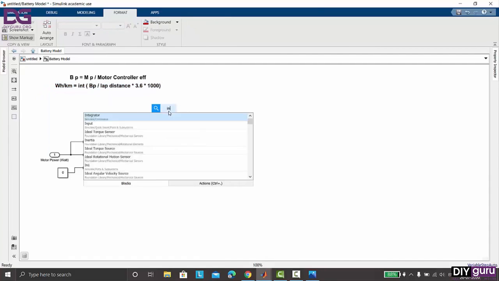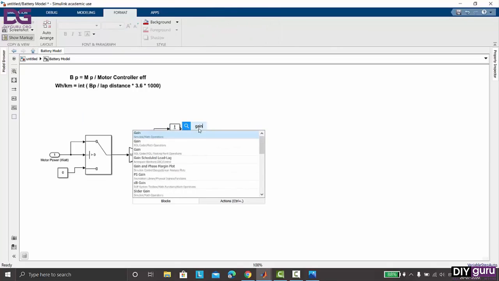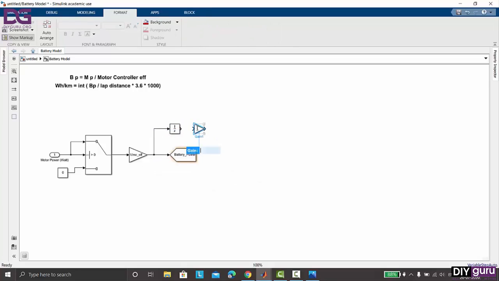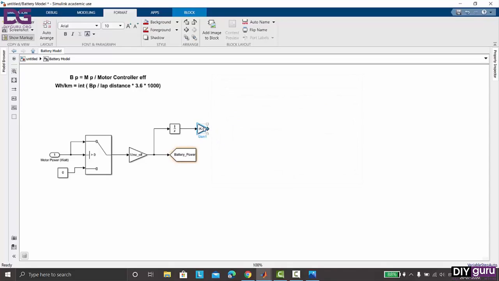So we require one integrator block. Give the input of the battery power to the integrator block, add one gain block here, divide by 3.6 multiplied by 1000. That is the conversion of joules to watt hour.